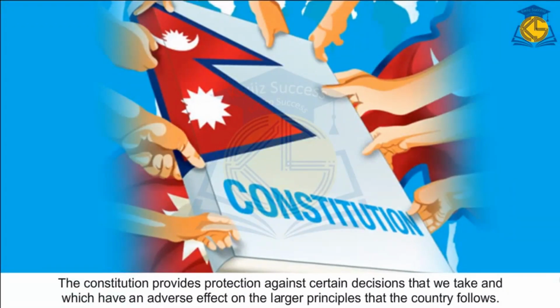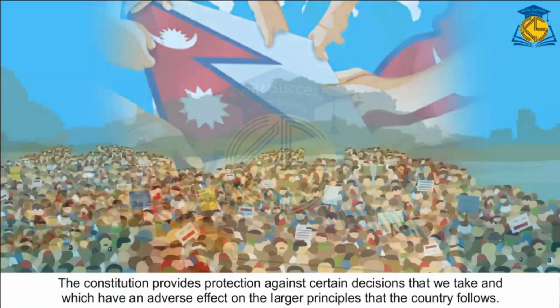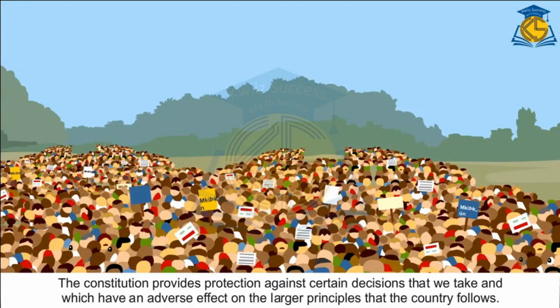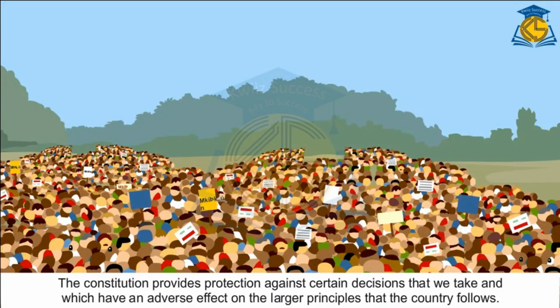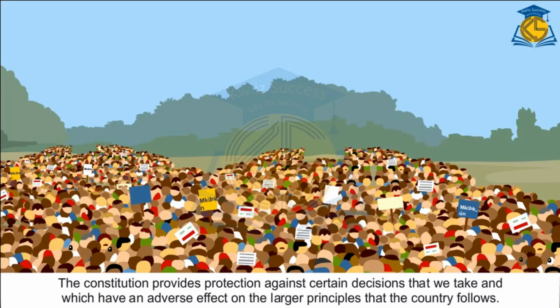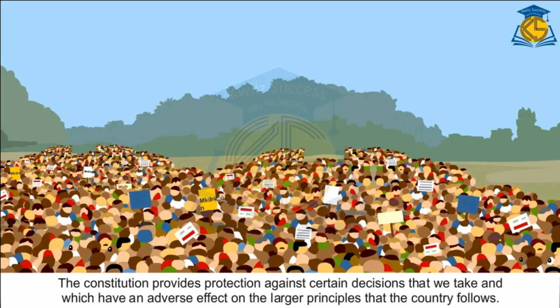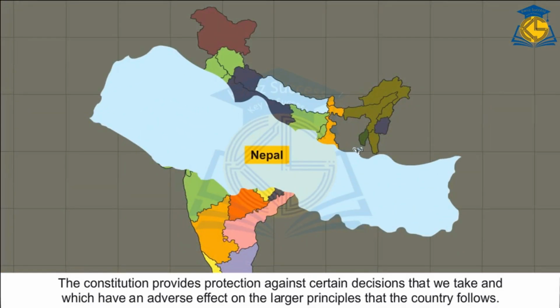The Constitution provides protection against certain decisions that we take and which have an adverse effect on the larger principles that the country follows.